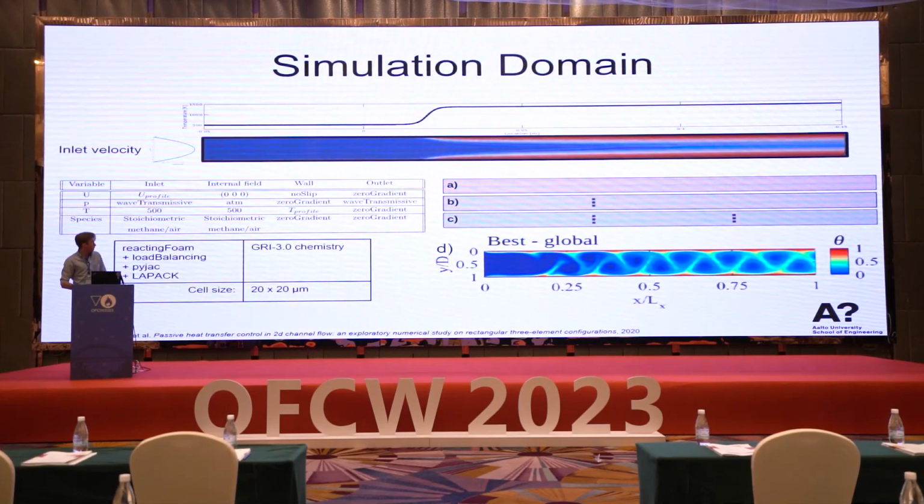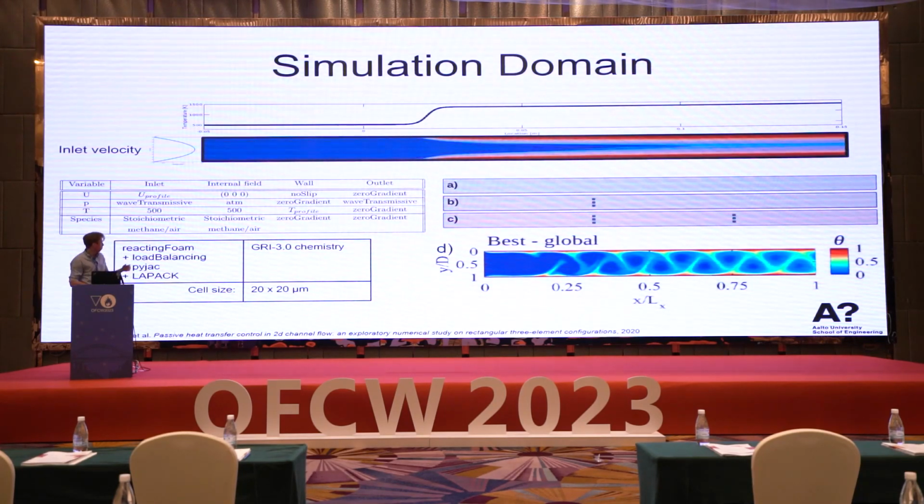Here is my simulation domain. It's a 2D channel. On both walls, top and bottom, I have an isothermal boundary condition, so I keep a cold temperature at the beginning and then increase it to a higher temperature, and this will heat the mixture and hopefully ignite it.